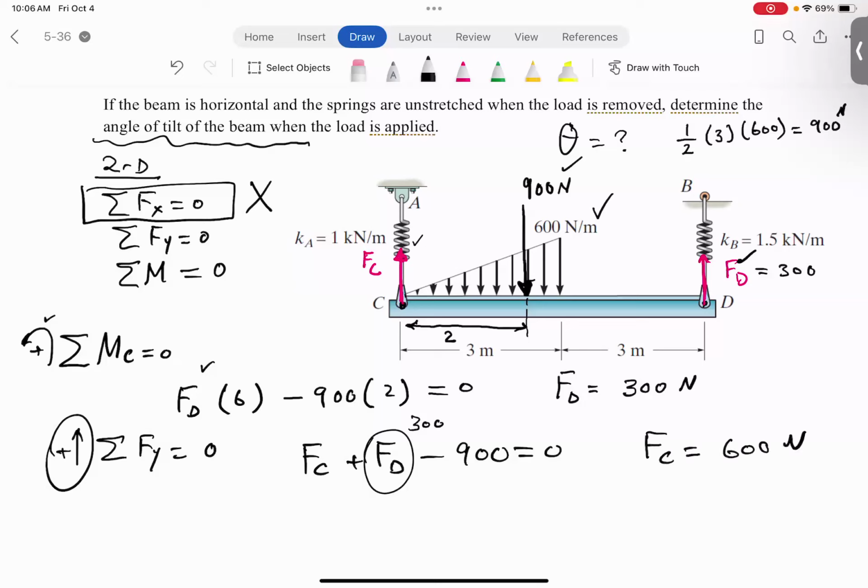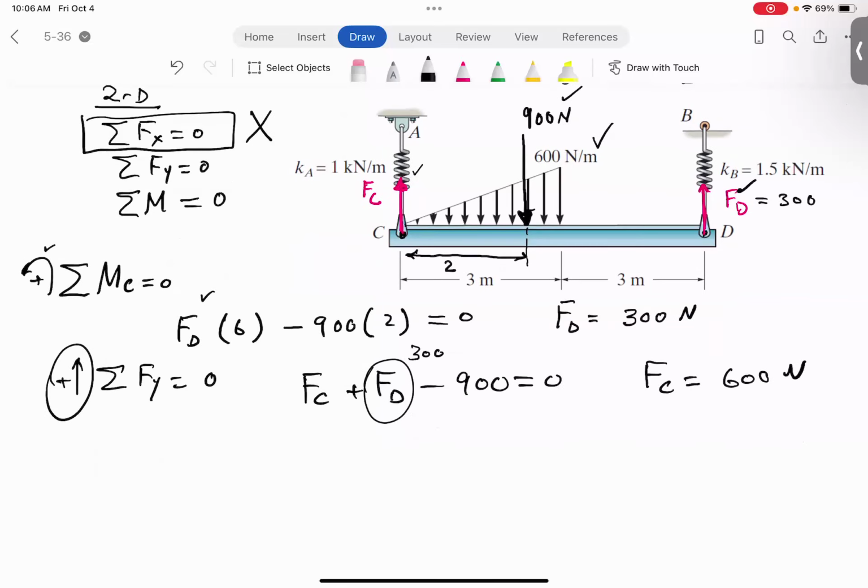At this point, the force of the spring is K times S, for a linear spring. For C, where the force is 600, we can determine the amount of deformation. S sub C is force of C divided by its K. Be careful, there are 2 different Ks here.